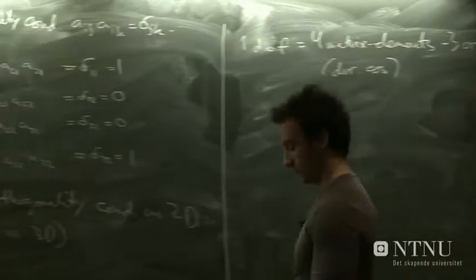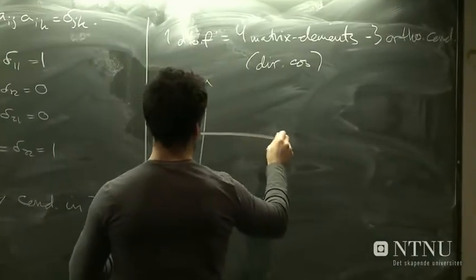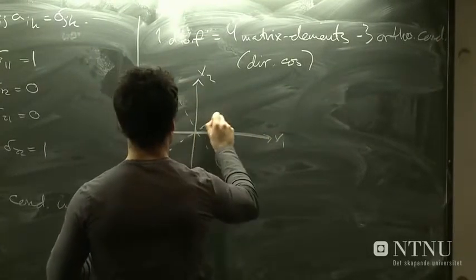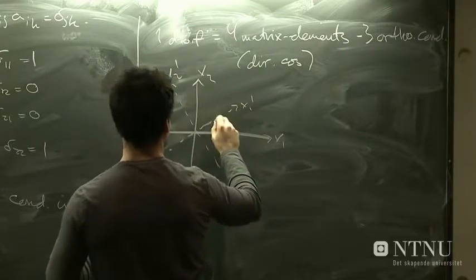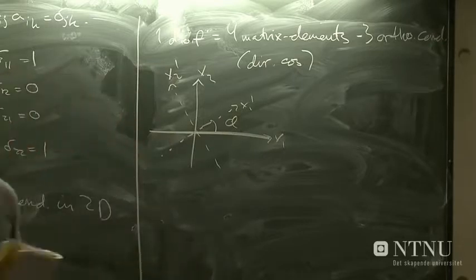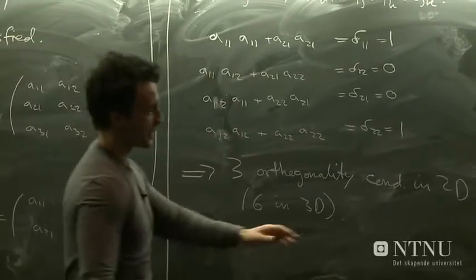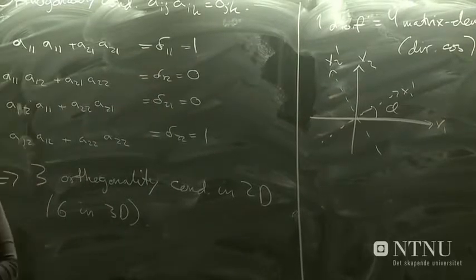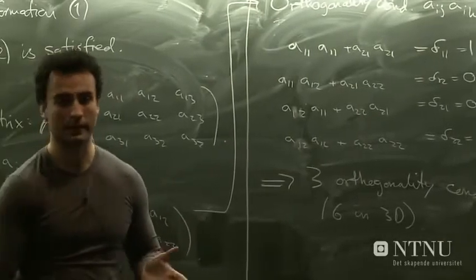Well, I think so. Because we see that we only need 1 angle, phi, for instance, to specify the orientation of this primed system relative to the original one. So the rotation angle is the only degree of freedom in 2D.